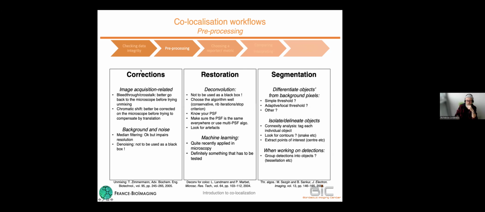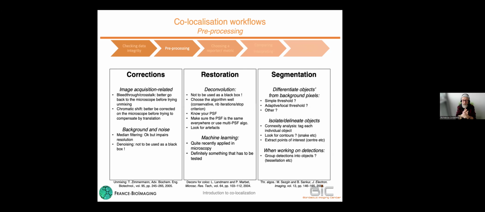Chromatic shift and the co-registration might be corrected, but once more, once you've got pixels, you can shift one image relative to the other, but by blocks of single pixels. So it's always better to go back to the microscope where you've got a higher flexibility.